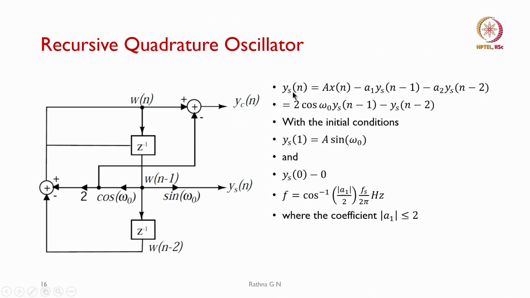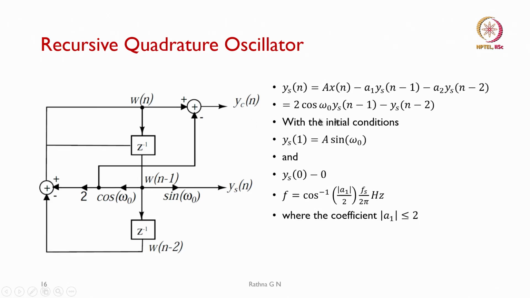So, how are you going to get it? You will see that ys of n is nothing but a into x of n minus a1 into ys of n minus 1 minus a2 into ys of n minus 2, which, if you simplify, is 2 cos omega naught ys of n minus 1 minus ys of n minus 2.